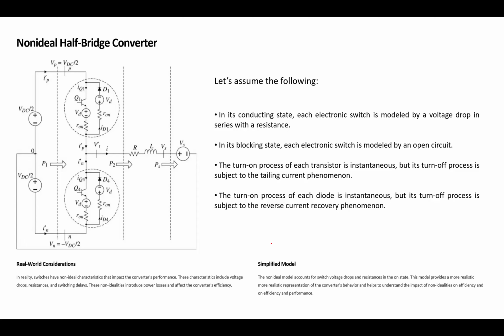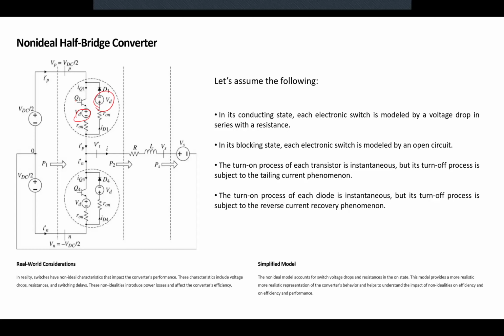So when the switch is on, the voltage across it is not zero. It is small, but it has a voltage. We call it voltage drop, and we show it here for all the semiconductors, the diodes and our switches.